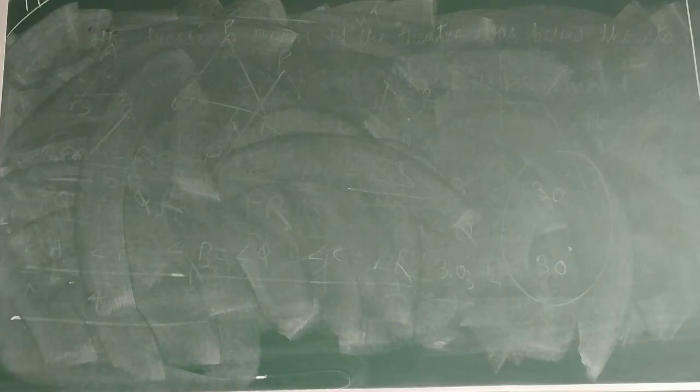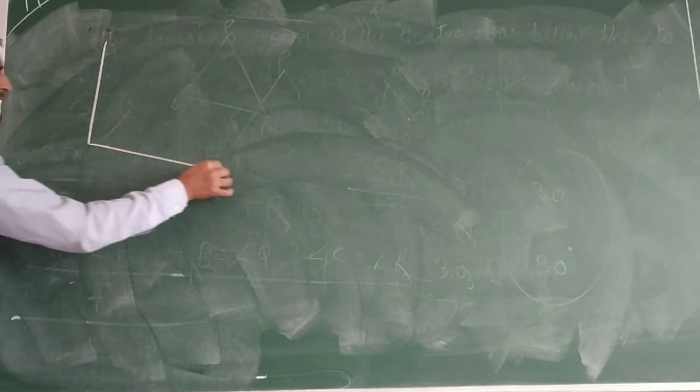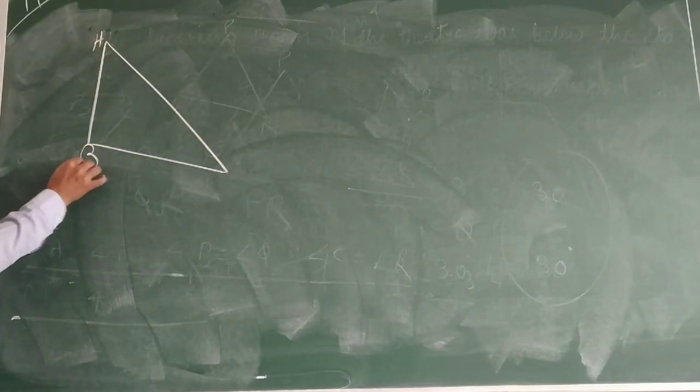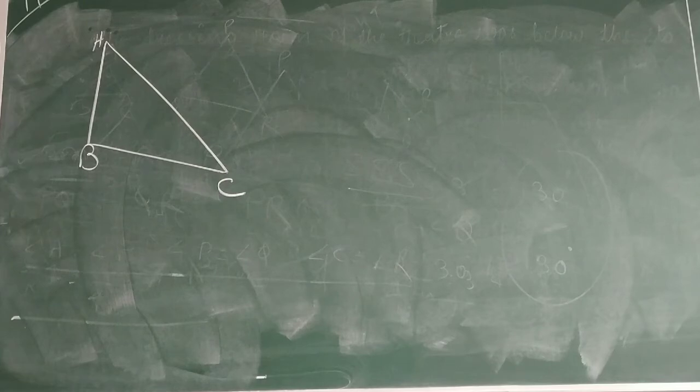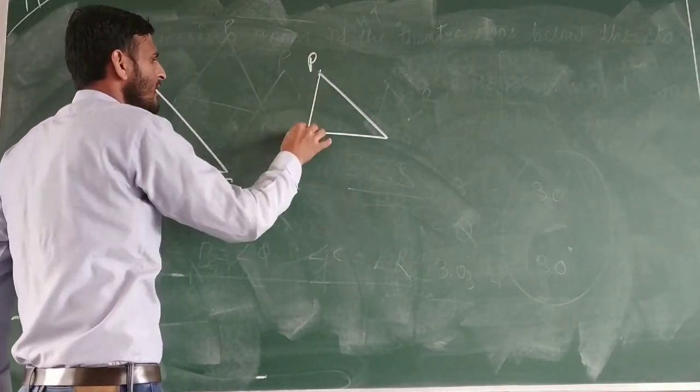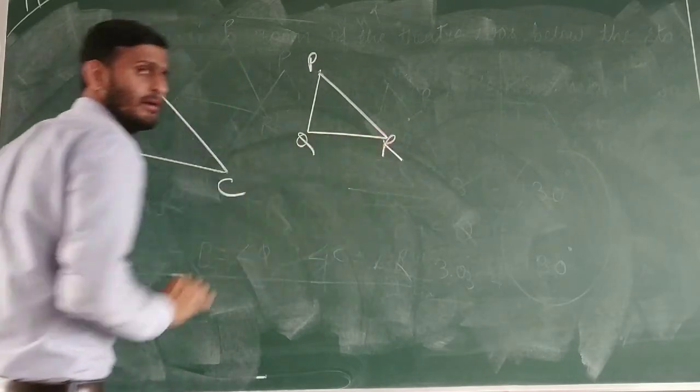What is the right angle hypotenuse postulate? Two right angle triangles. Let us take two right angle triangles. Suppose this is a right angle triangle ABC, and let us take another right angle triangle PQR.